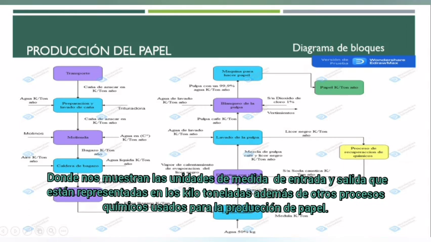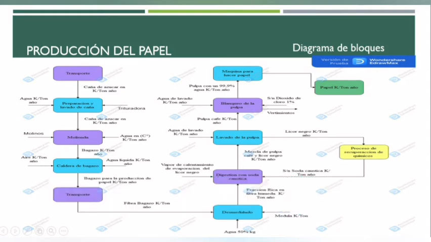Most are presented in kilotons per year, in addition to the percentage of chemicals used for some processes such as whitening and paperboard.